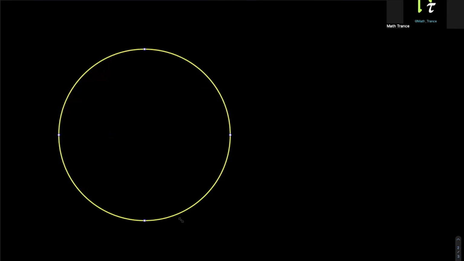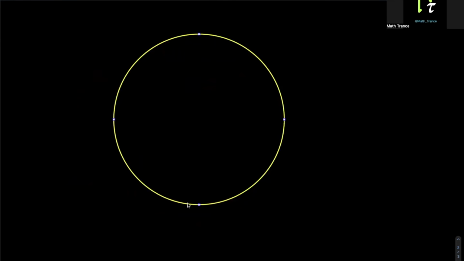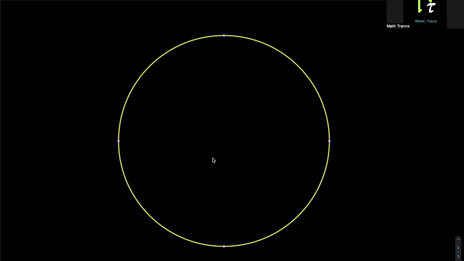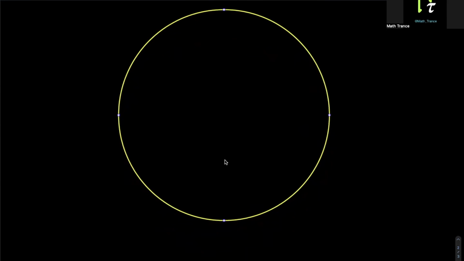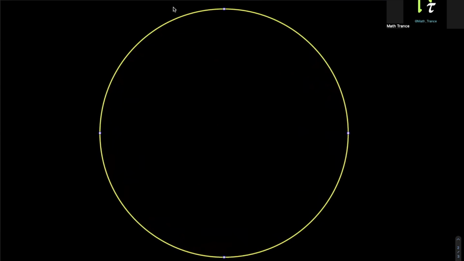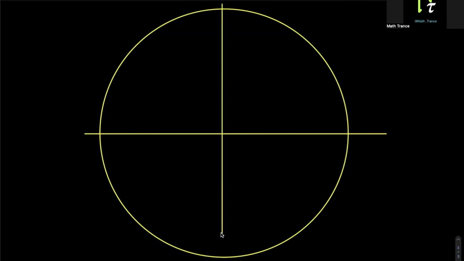As we know, sine theta can be traced back to a circle, and that too a very unique circle, which is the unit circle, right? Consider this as a unit circle.